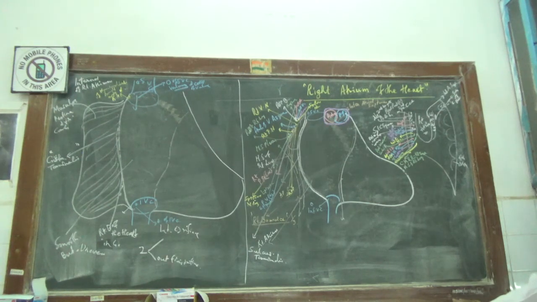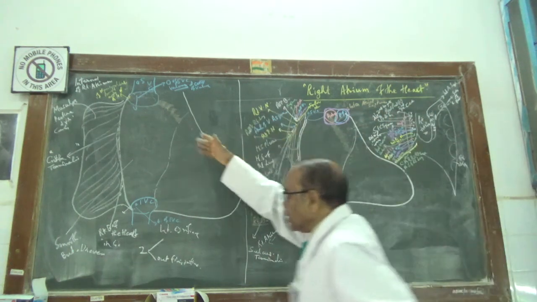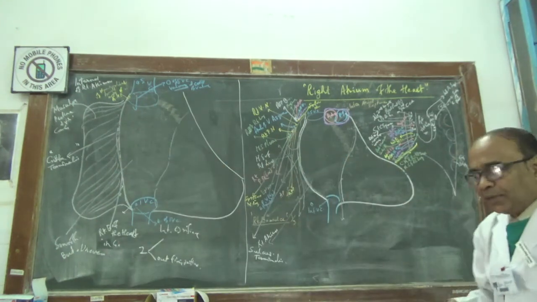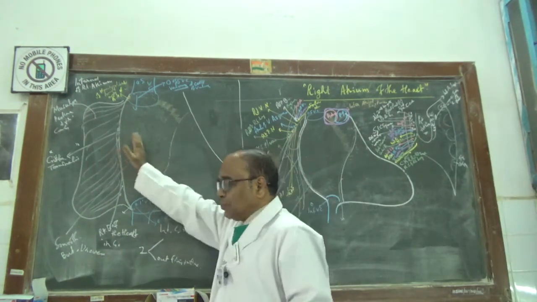So through this orifice, the deoxygenated blood from the upper limbs, right and left, neck, head, including the cavities in the skull and the brain, everything comes here into the right atrium.